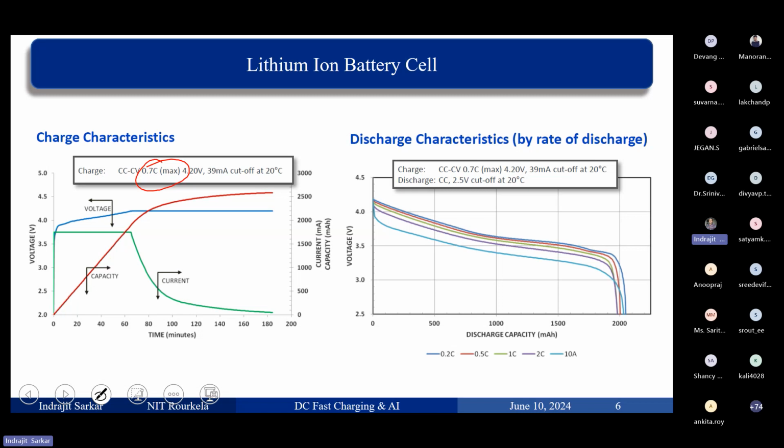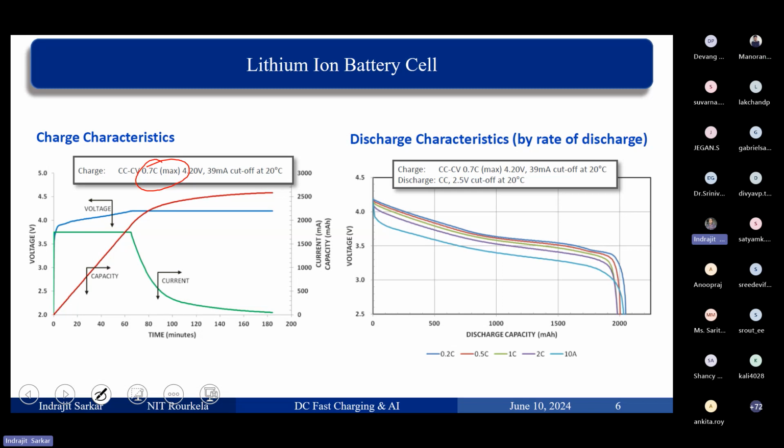So the charging time will be huge. In order to reduce that, what we do is quick charging with constant current charging till 80% SOC, and after that we maintain the voltage so that overcharging doesn't happen and the battery reaches the rated capacity. So that is why we do a constant current and constant voltage charging profile.